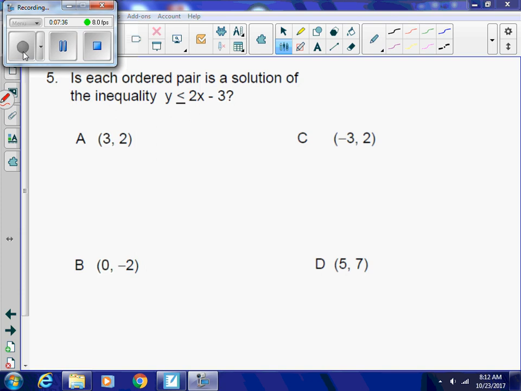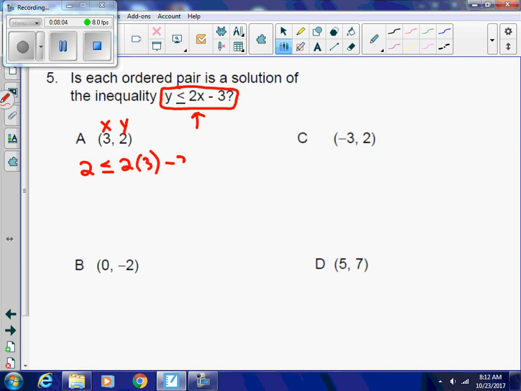Is each ordered pair a solution of the inequality y is less than or equal to 2x minus 3? Well, we know this is an x and this is a y, so we're just going to plug that in using this inequality each time. So my first one is going to be y, so I need 2 is less than or equal to, we've got 2x, so that's 2 times 3 minus 3, just plugging it in.